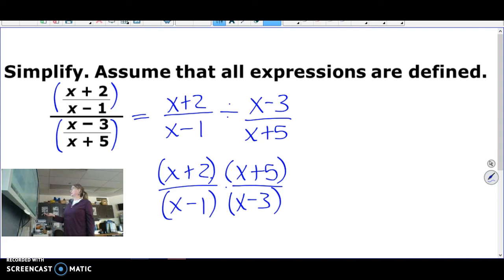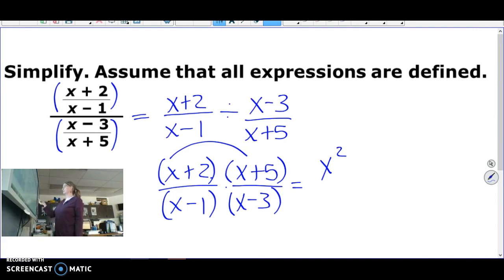So this could be the final answer: x plus 2 times x plus 5 over x minus 1 times x minus 3. Or you might see this FOILed. Maybe it depends on what answer key you're looking at, really.